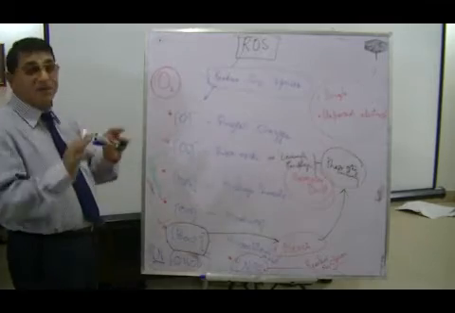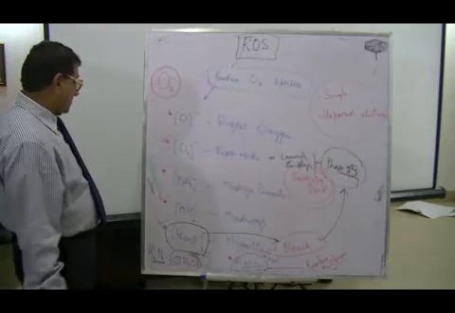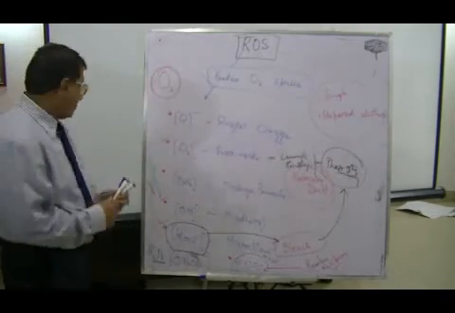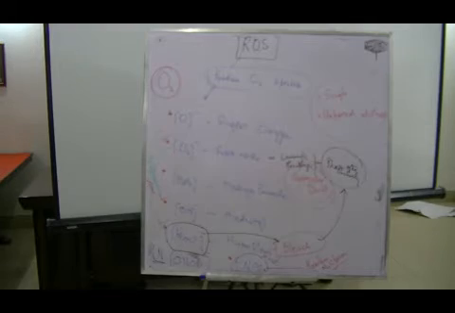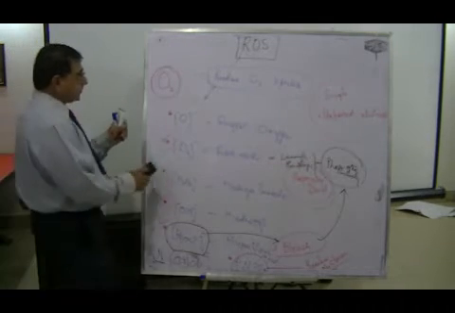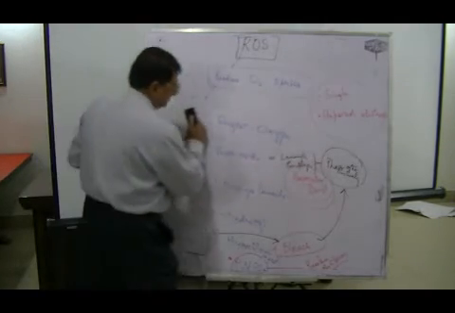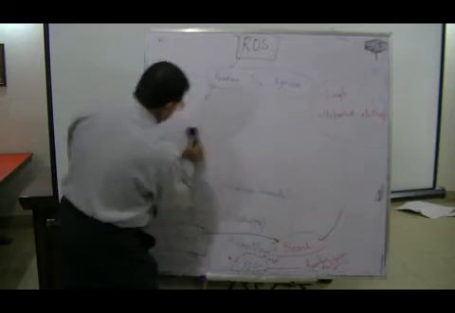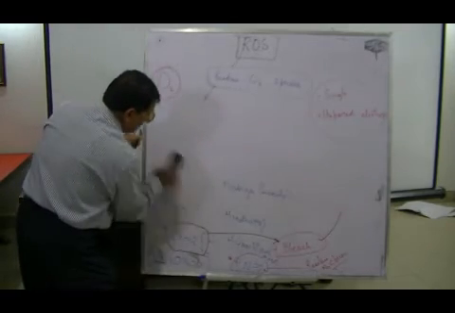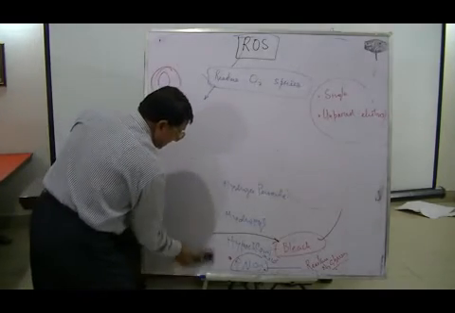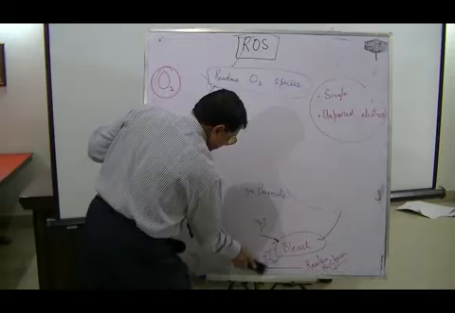So they have to be kept in balance. So a little more detail. First, how are they formed? And secondly, I will tell you how they are dealt with accordingly.